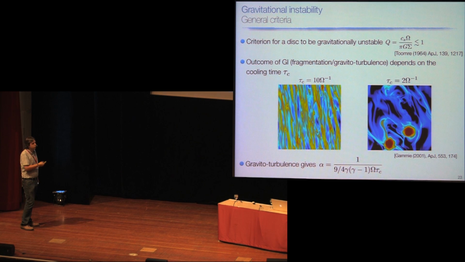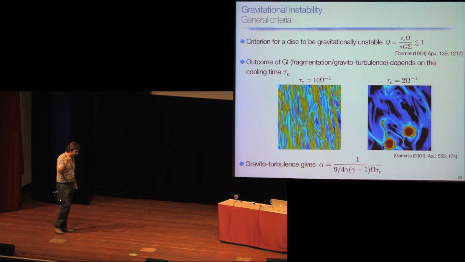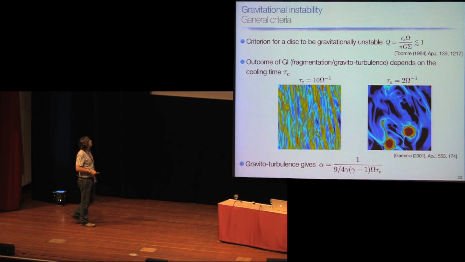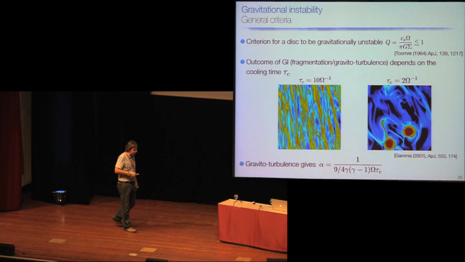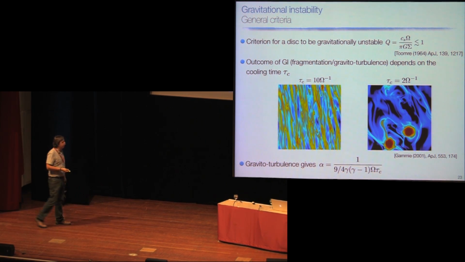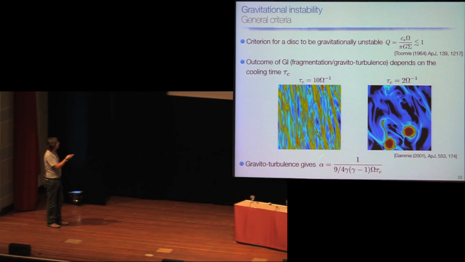Now, if the cooling is fast, then there is no way that heating due to shocks will reheat the disk. In this case, what you have is essentially fragmentation. These are the two big regimes you have here. If you have a long enough cooling time, then you have this nice gravitoturbulence, and you can predict, based on a simple equilibrium argument, what alpha is.